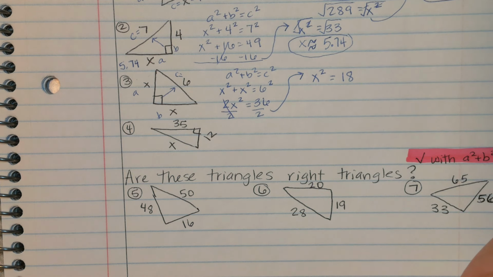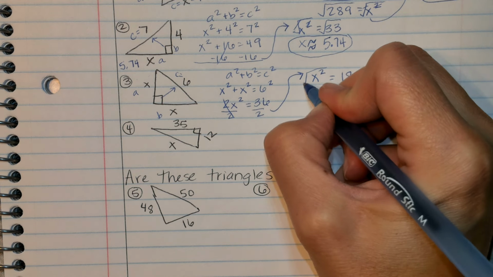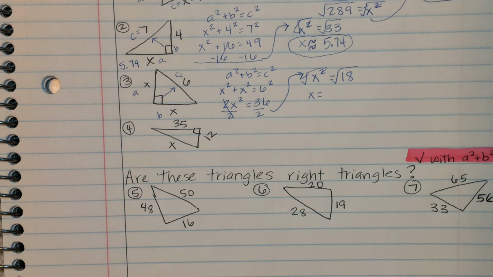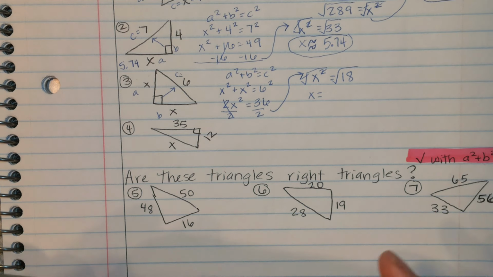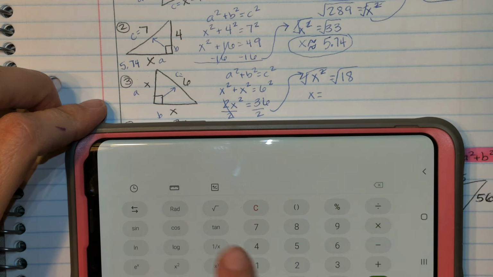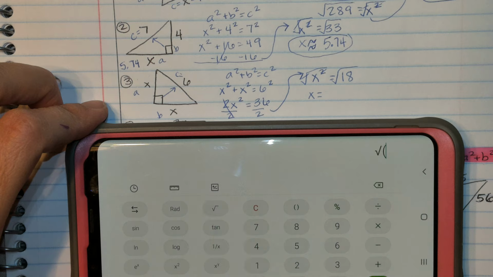All right, and then just like the other ones, once I have it to this point, I would square root both sides. 18 is not a perfect square, so then I have to use the calculator. I'll show you guys again how to do that. So I press the square root button, and then I put 18, and I'm going to round to the nearest hundredth.